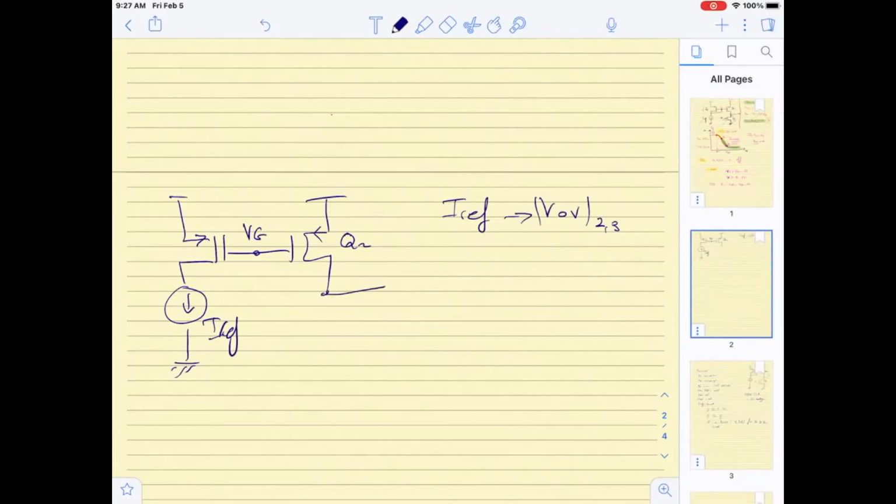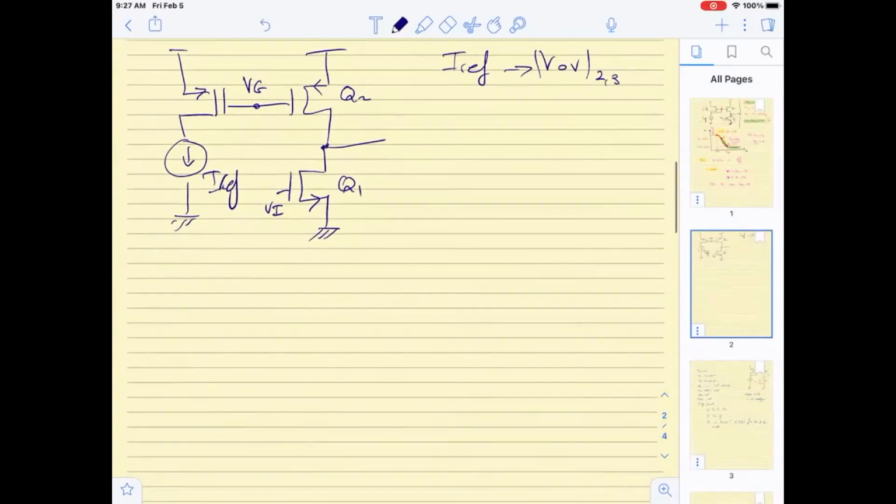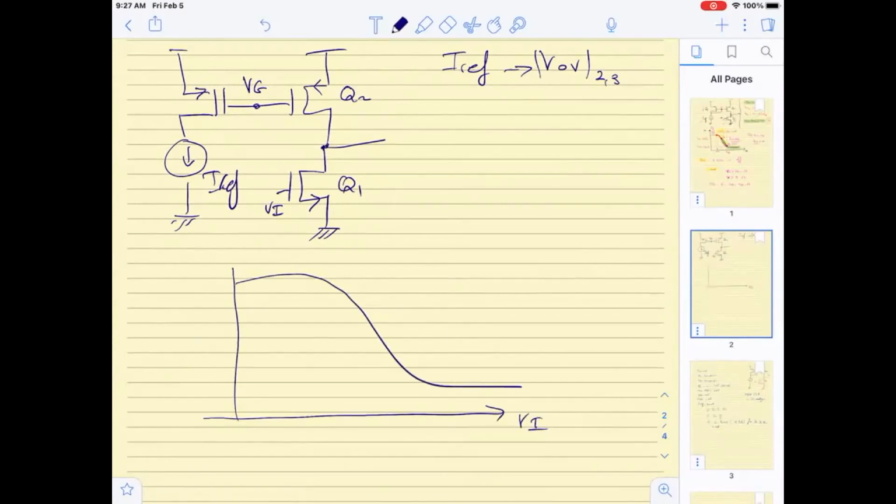Okay, now I have transistor Q1 that is trying to operate with these devices, I am changing VN. I have given, and I know that as Vn increases, it's going to pull the output down by virtue of the behavior of a common source circuit, and this is Vo. Okay.